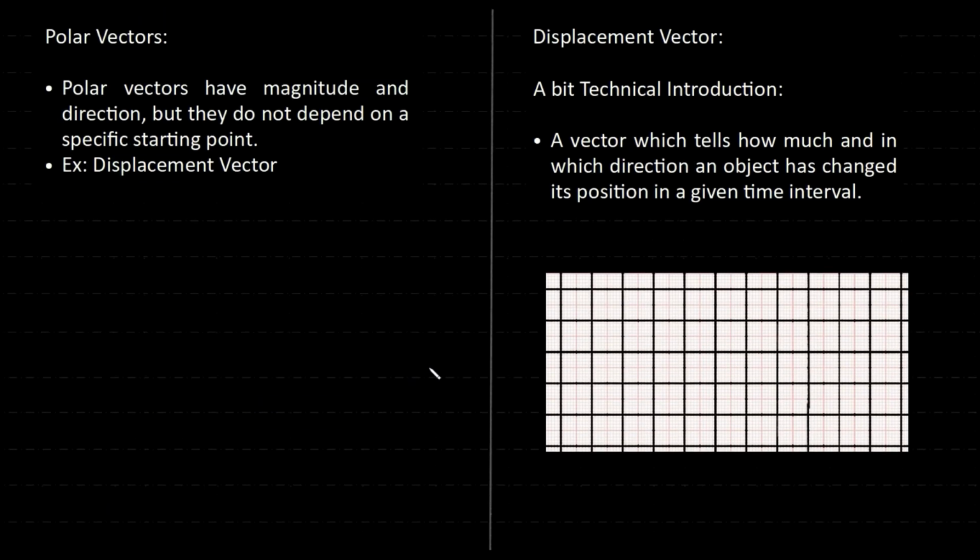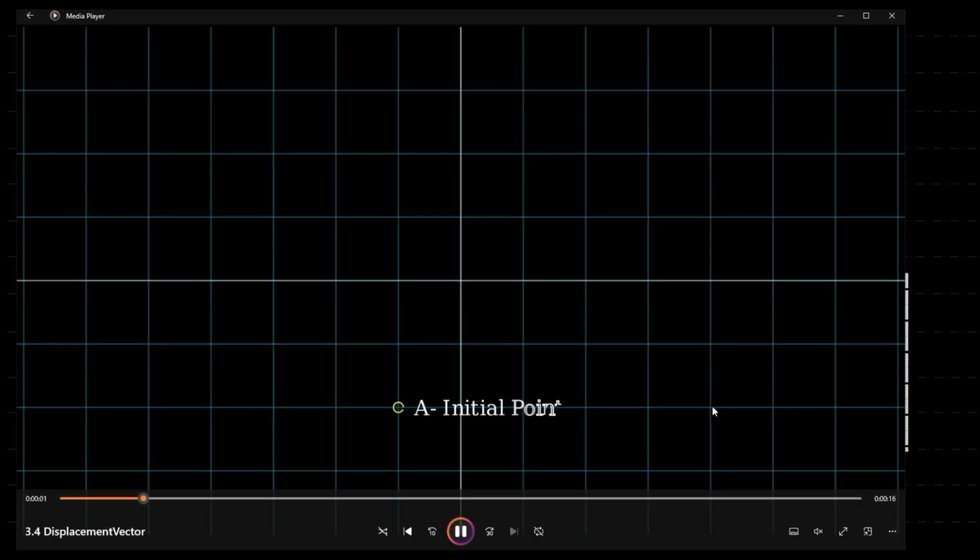Next type of vector is polar vector. Example of that is a displacement vector. So let's see what is a polar vector. In specific, displacement vector. So we're considering the point A as initial point and point B as final point.